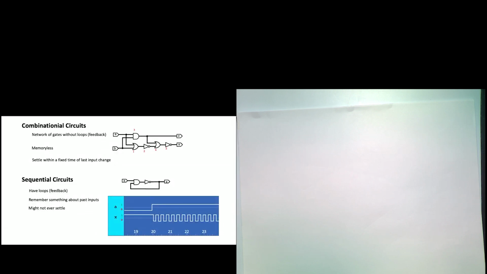All right, so let's pick up sort of where we left off, or maybe we'll do a brief recap. Last time we started talking about combinational versus sequential circuits, right? And for sequential circuits, we are going to have to remember something about the past.